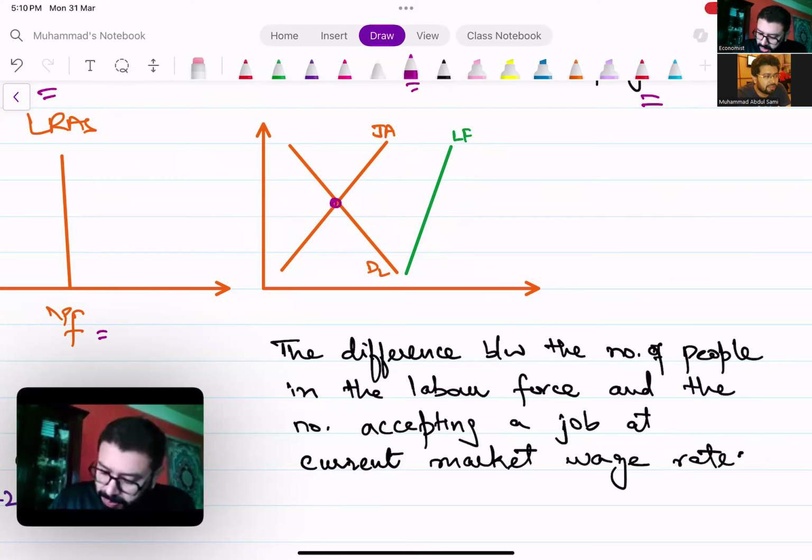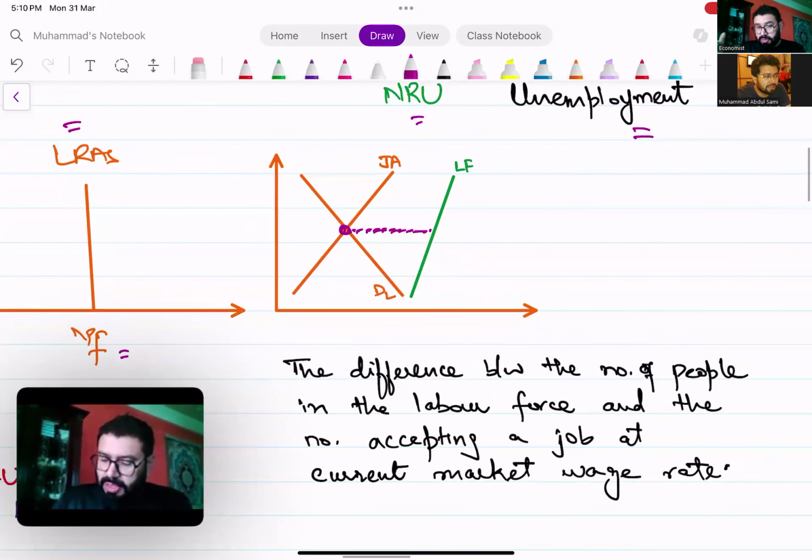Let me put it this way. This is the difference: the difference between these two factors, the labor force and those who are accepting jobs in the market at the current market wage rate. So the natural rate of unemployment is the rate of unemployment when the labor market is in equilibrium.